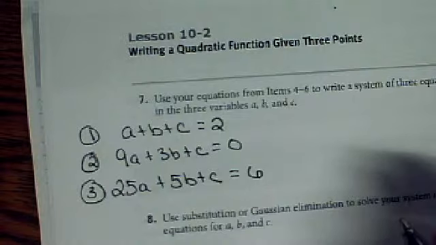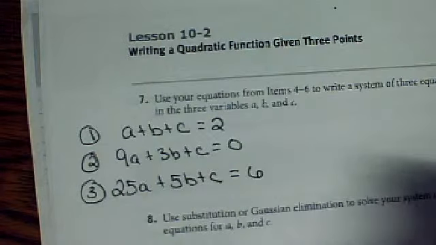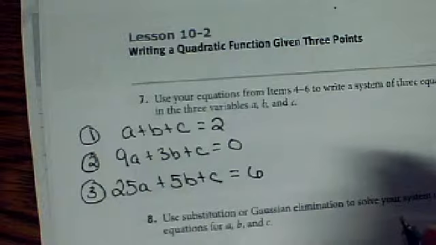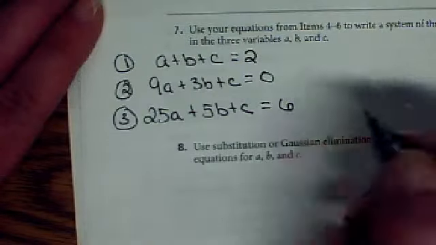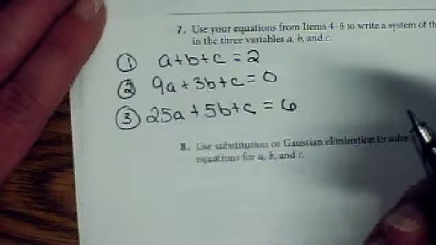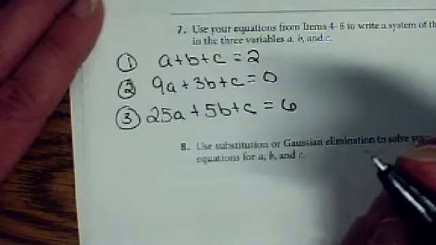So we have to pick somebody to get voted off the island. Who needs to go? Ooh, I think I see one that's easy to get rid of. Let's get rid of c. All I have to do is make one of the equations negative, and we can get rid of c pretty easy.